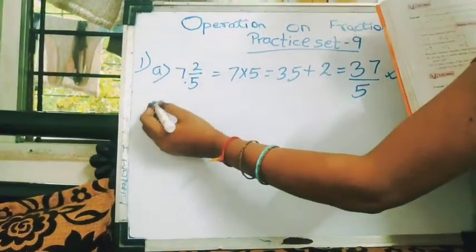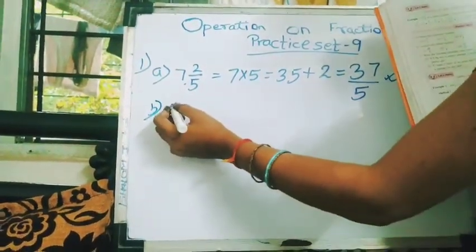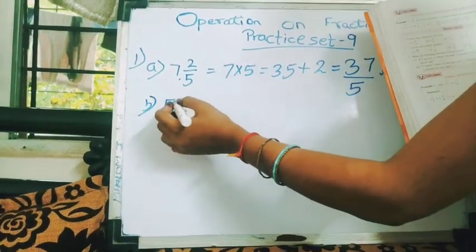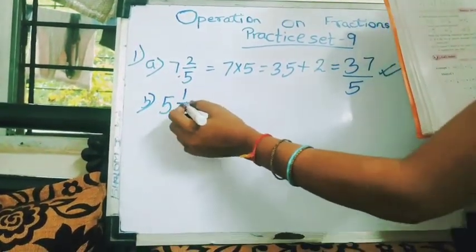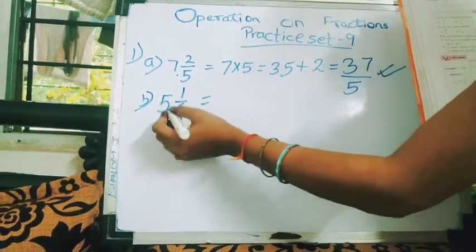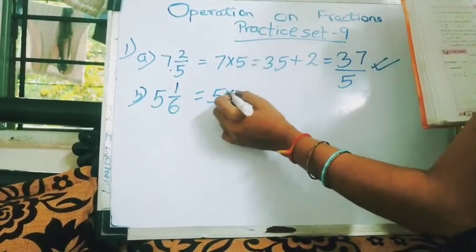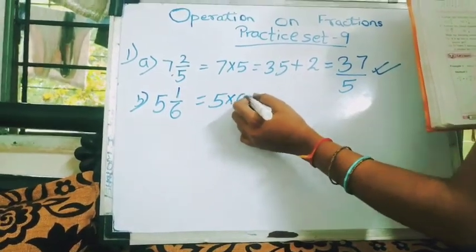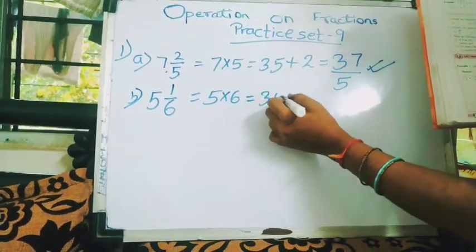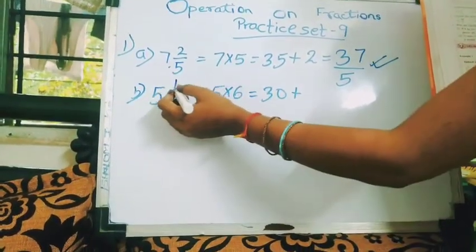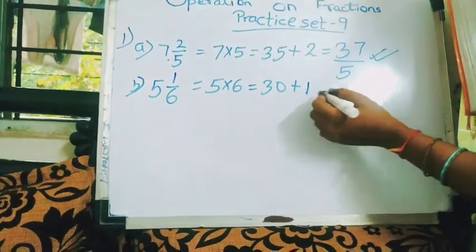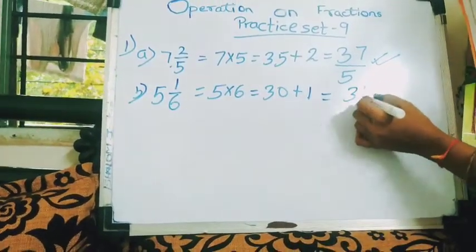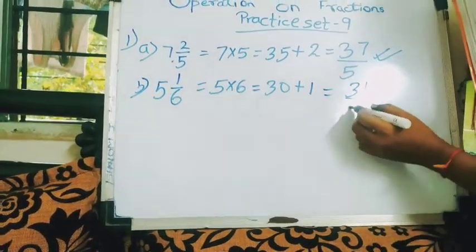Next, B question is 5 upon 1 by 6. Here again at first multiply 5 into 6. 5 6s are 30 plus the numerator 1. Add 1. 31 by 6.